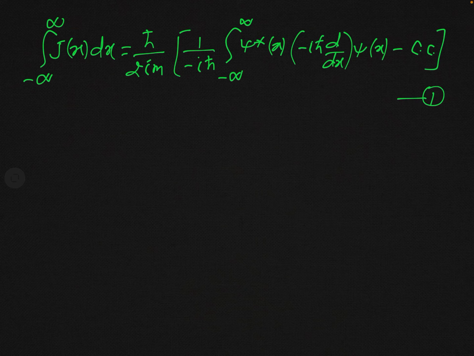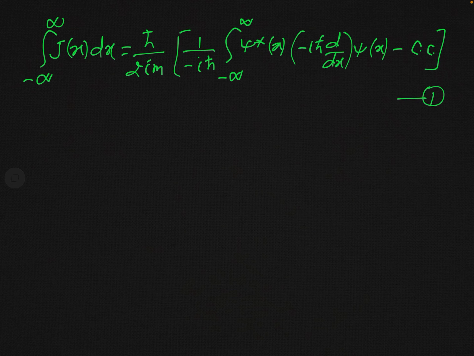What is this cc? I am just telling you. And here actually we have followed an important technique. Actually this factor minus I h cross is not present here, but I have just divided this expression by minus I h cross, and also I have multiplied by it, so result remains same.